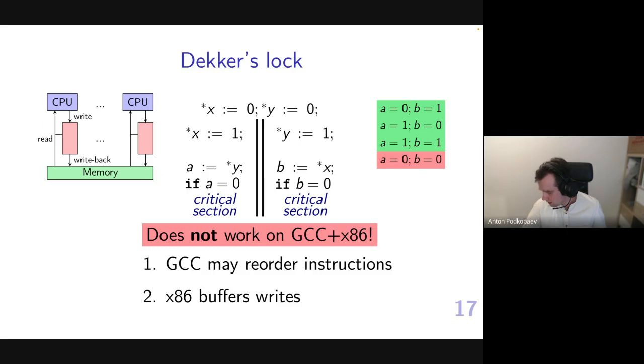Are there any further comments on this question? So there is a question. Basically, x86 is compliant to that architecture, but it isn't actually built that way.